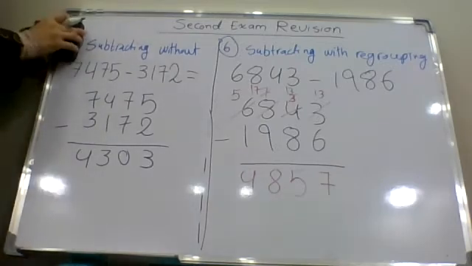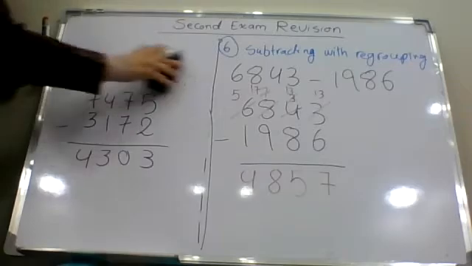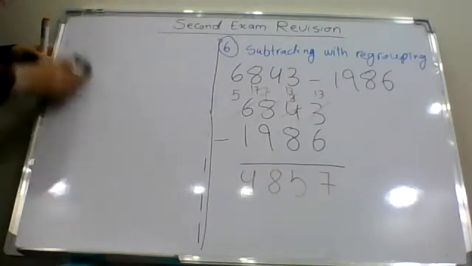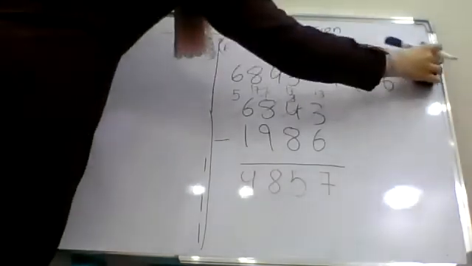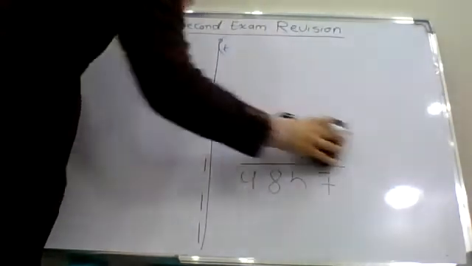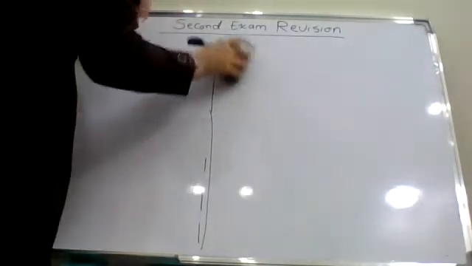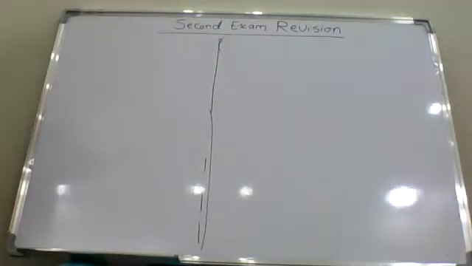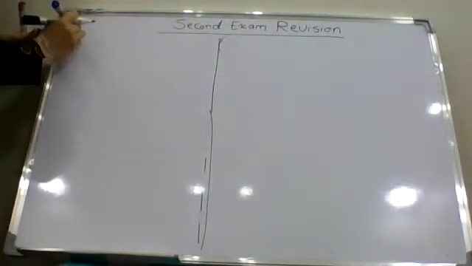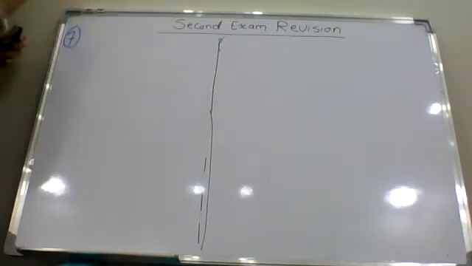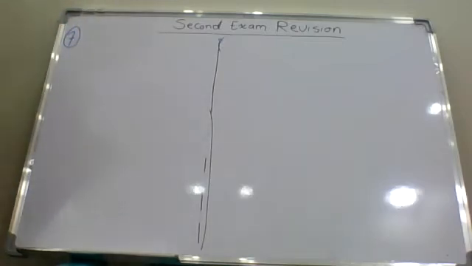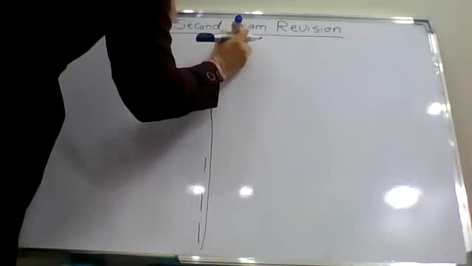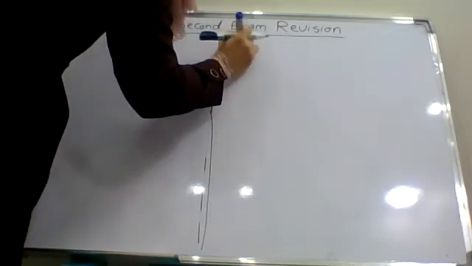Now we will divide our board into 2 parts to talk about addition and subtracting odd and even numbers. This is the 7th subject. And this is for the addition, and this is for the subtraction, so it's going to be 8.